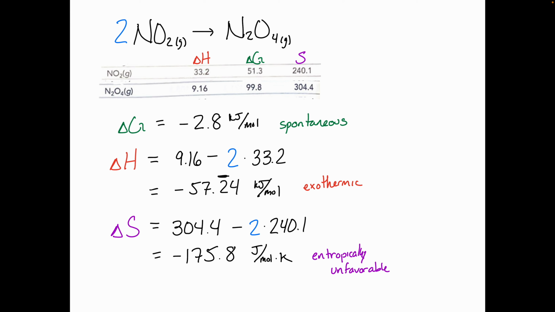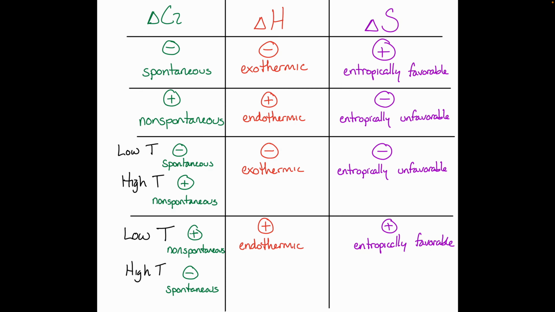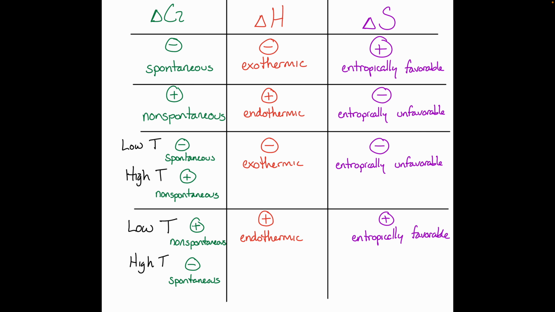We figured that this was spontaneous based on that delta G calculation, that it was exothermic but entropically unfavorable, a reaction that created order, not disorder. Well, if we remember, we made this little cheat sheet of the signs of delta H, delta S, and delta G, and how they were all entangled in one another.